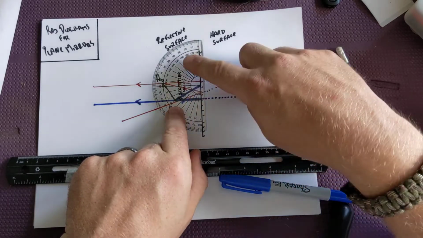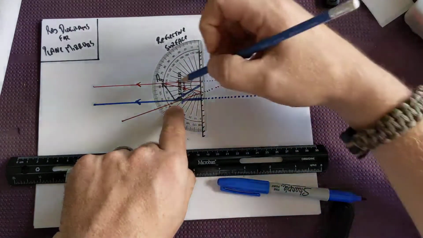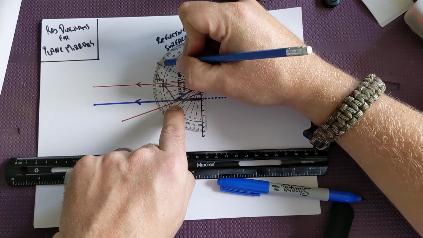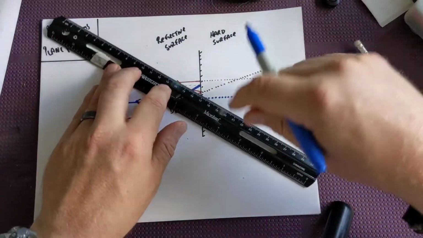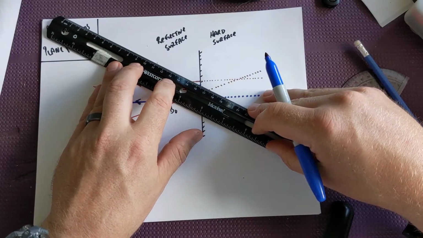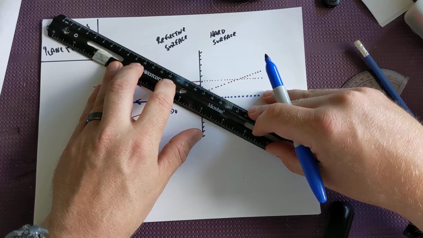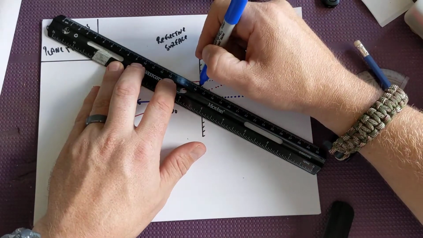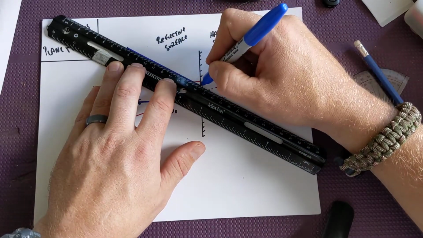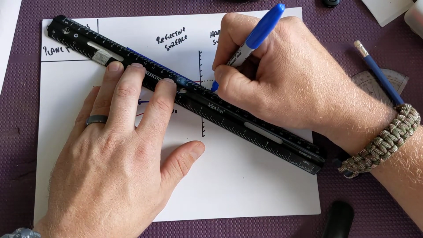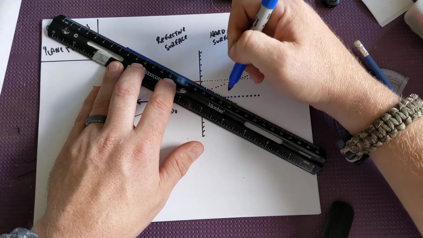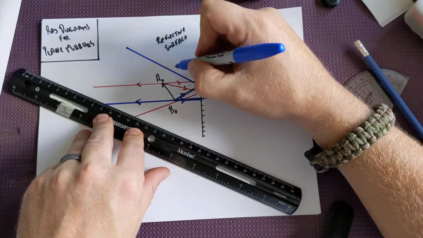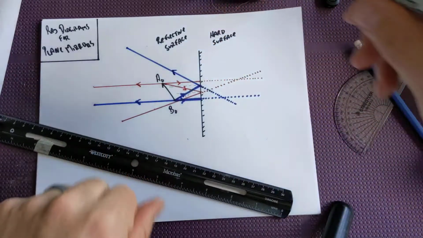So I'm just going to mark it here on my page, and then I'm going to use my blue marker to draw the reflection of the ray. It goes that way, but we're going to draw some dots coming behind the mirror just to represent the reflection. It bounces that way.